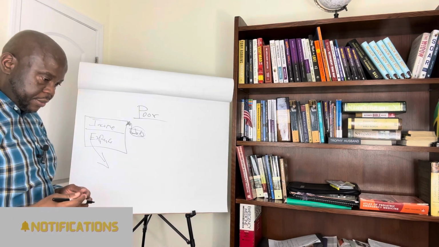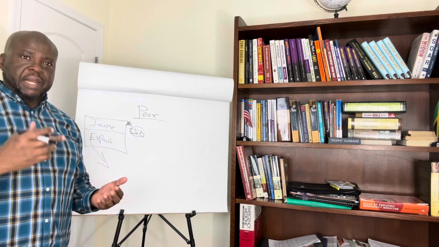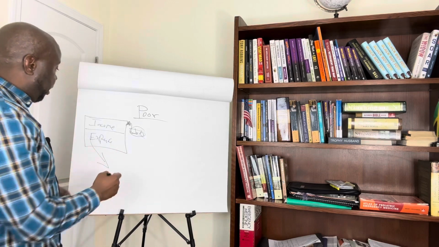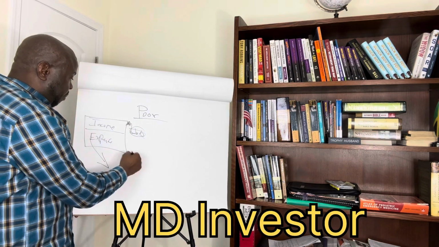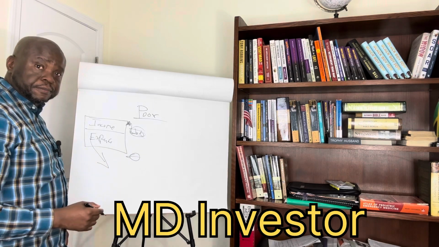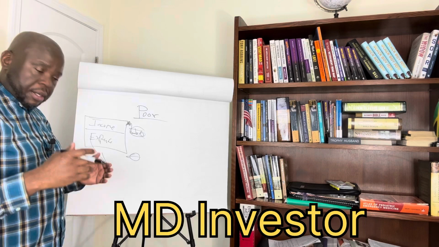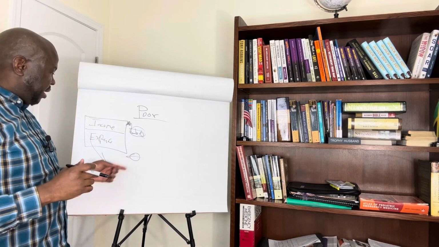Rent, transportation, food, utilities, keeping the lights on, cable, that is it. And usually the cash flow is going to be pretty much close to zero. Right? That is living check to check. There is nothing left over.